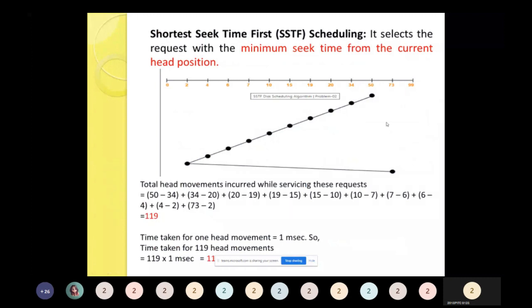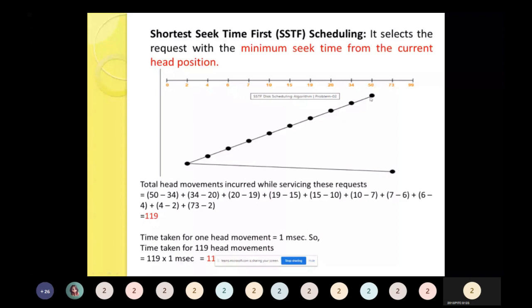From 50, the lowest number is 34, after 34 the lowest number is 20, like this. After serving all the requests, it will check the values given and automatically move to the next direction.